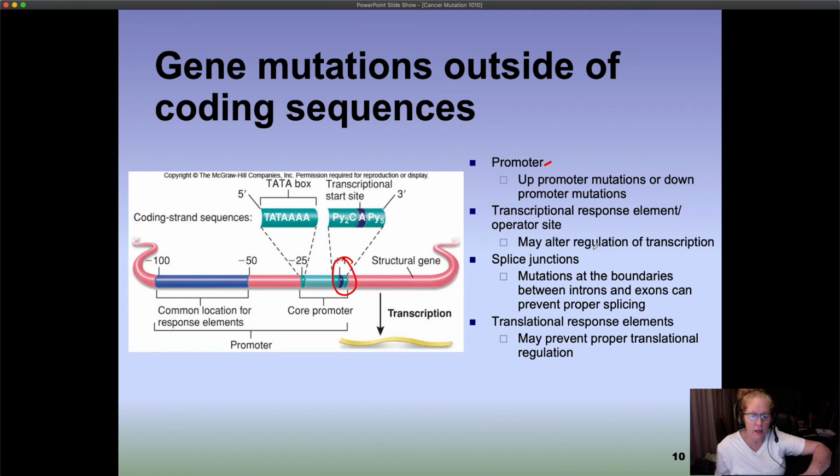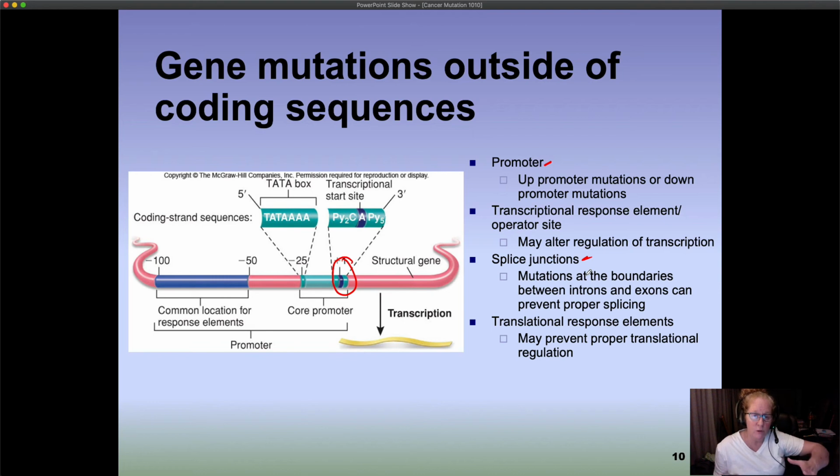Then we have splice junctions. So remember, in eukaryotic DNA, we have regions in our actual gene itself, those little regions that are introns, and part of those introns are the splice sites. Well, if the mutation is within the splice site, then the spliceosomes are not going to recognize it.